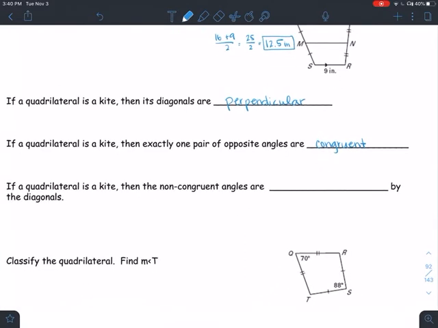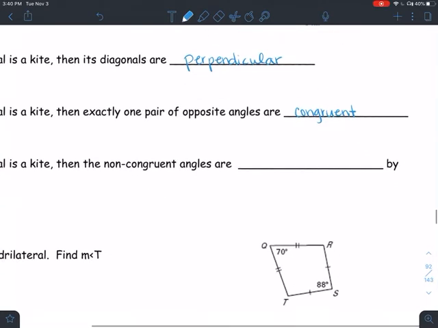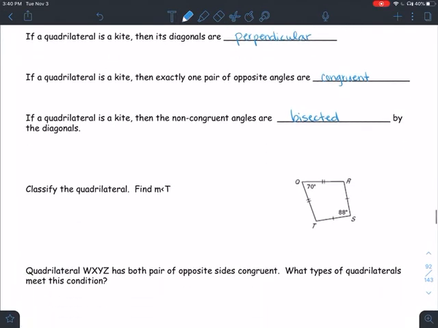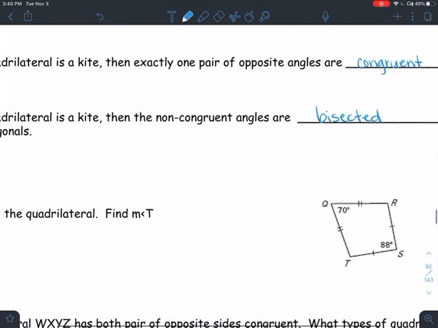And the last thing here, if a quadrilateral is a kite, then the non-congruent angles are bisected by the diagonals. So let's draw a kite here. I'm going to draw it vertically. Remember that we have two pairs of consecutive sides that are congruent, but that they are congruent in different ways.